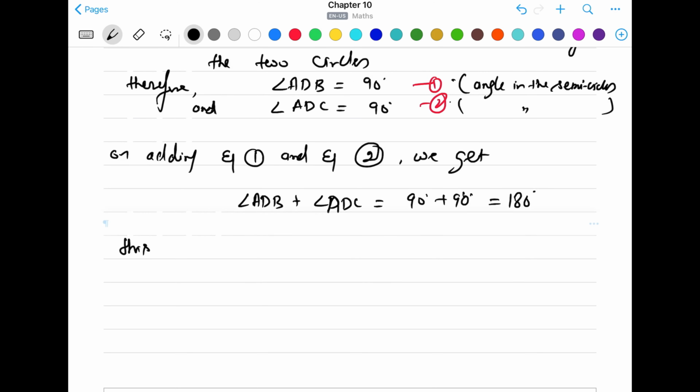This implies, since their sum is 180 degrees, that they are forming a linear pair. So this implies BDC is a straight line.